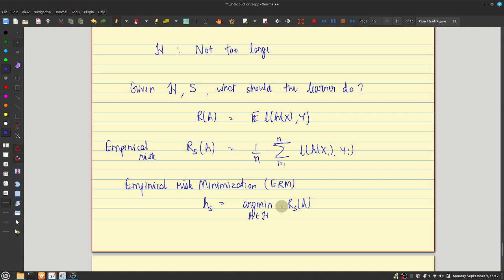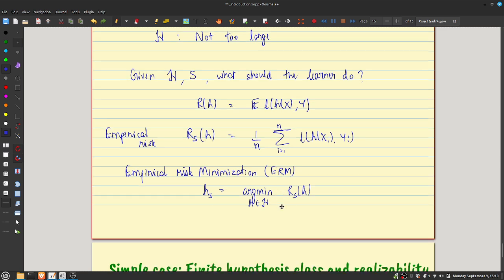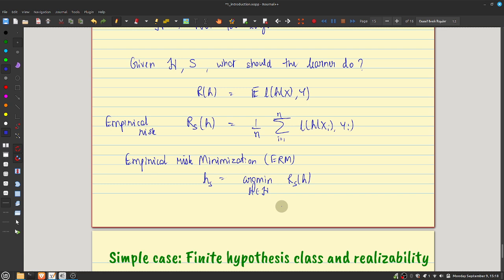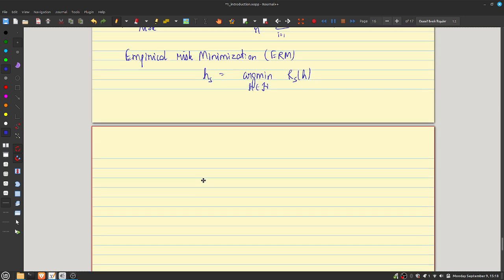So assuming that you're able to do this, what is the performance that you can get? This is one particular framework, and I'm denoting this S as a subscript to indicate that this is a function of the training set.